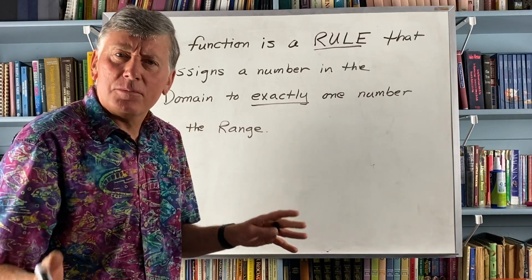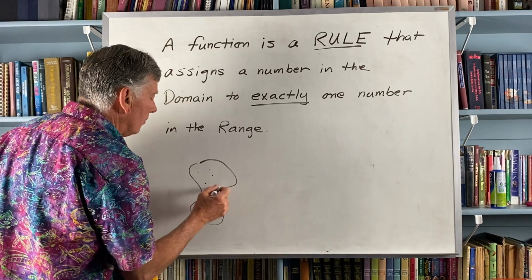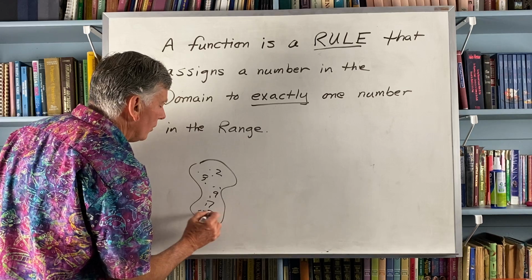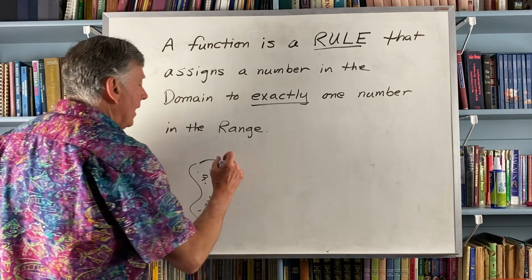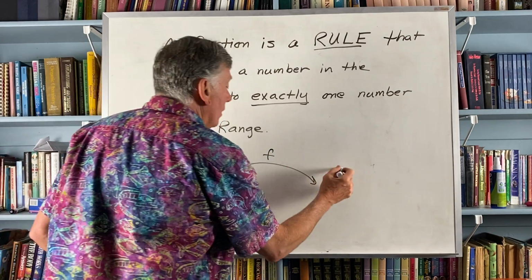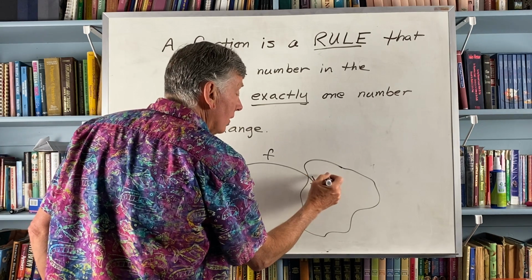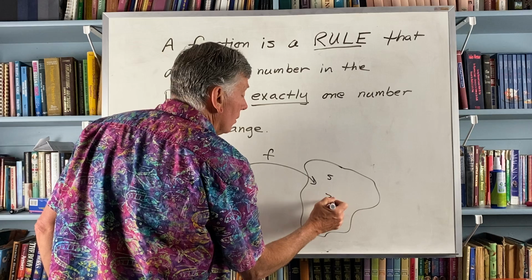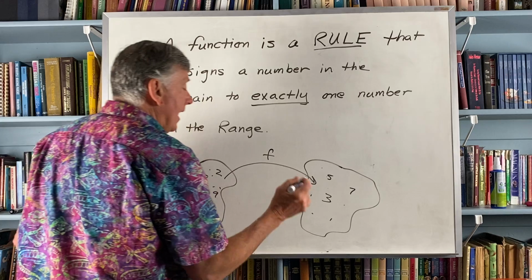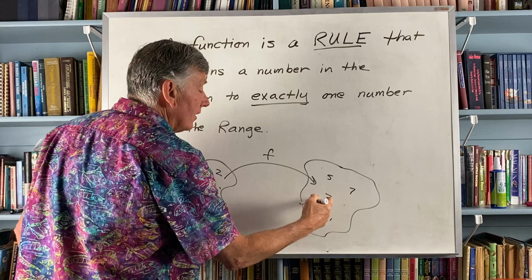And you've probably seen this before. You have this pool of numbers, a bunch of numbers, 2, 3, 7, 9, square root of pi type of numbers, and your function f takes that number and puts them in another set of, let's make that a 3, 7, a bunch of other numbers, and f takes that one number and puts it into the other.